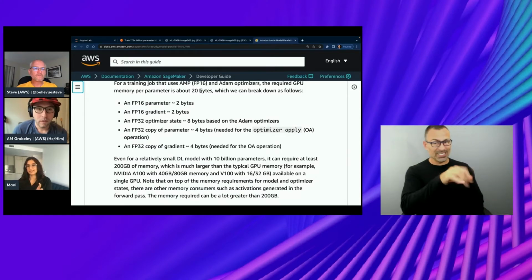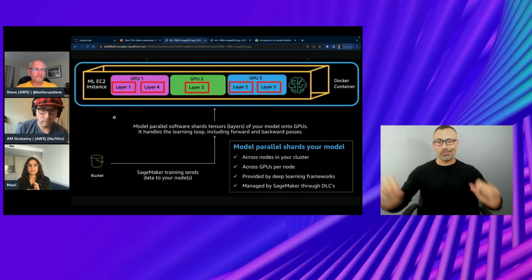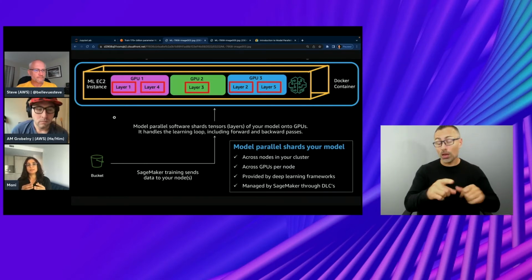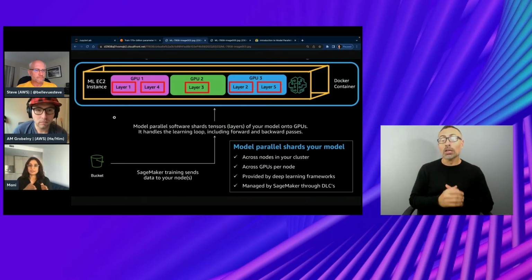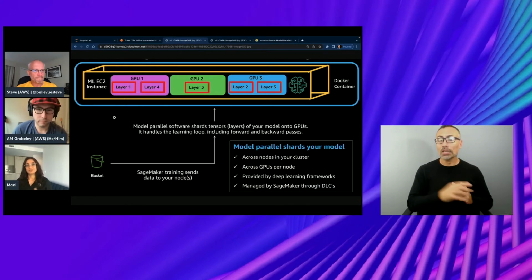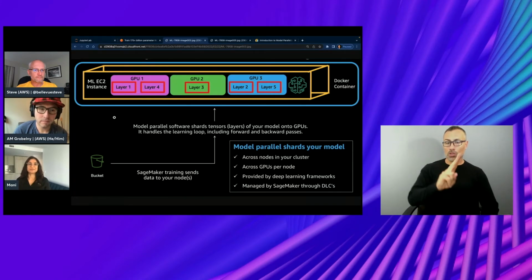Let me explain that with a small image that I have. When we are talking about model parallel, what we are basically talking about is that I have, let's say, one machine, or in terms of AWS, machine learning EC2 instances. Now, my one EC2 instance can have multiple GPUs, right? In this particular image, you will see 3 GPUs, but usually you have 4 GPUs or 8 GPUs or 1 GPU.